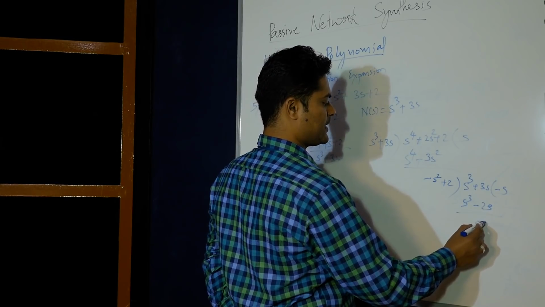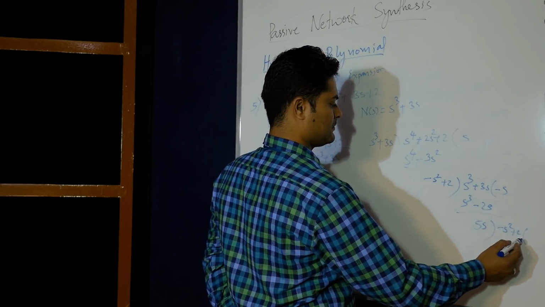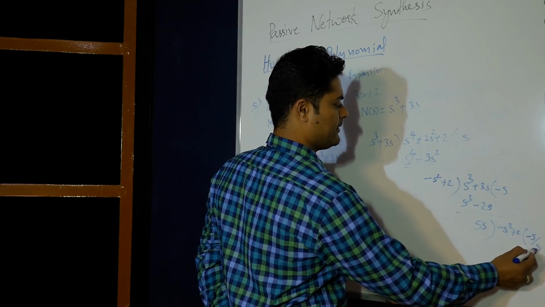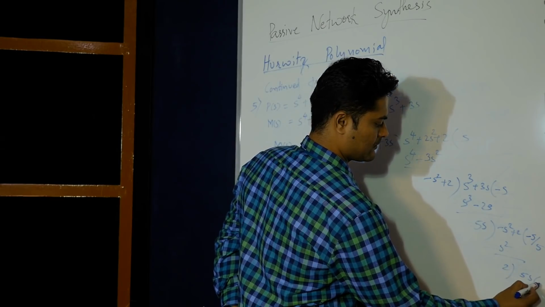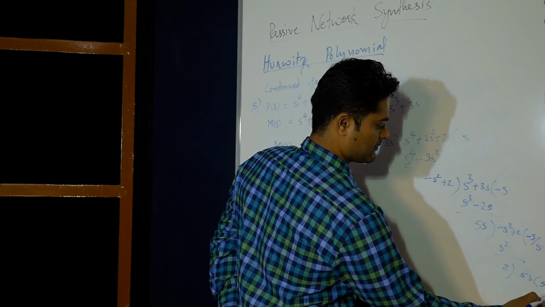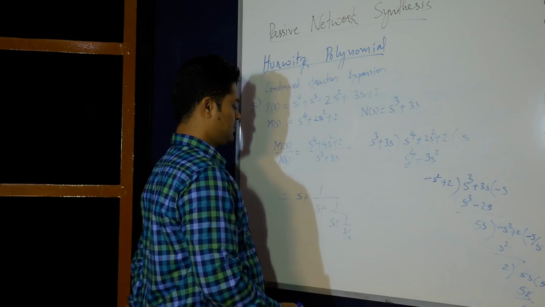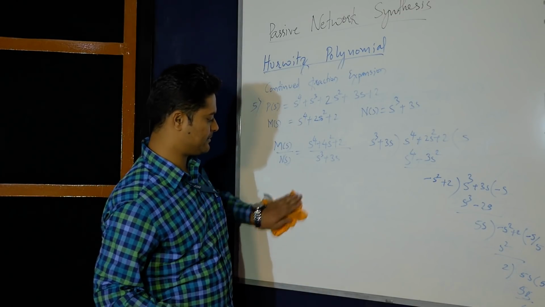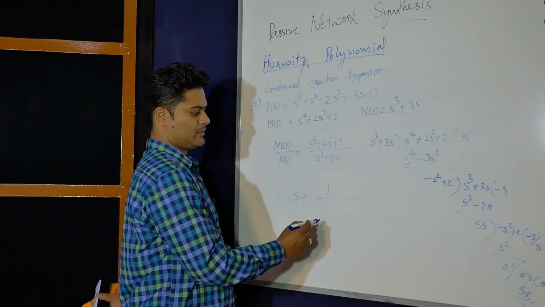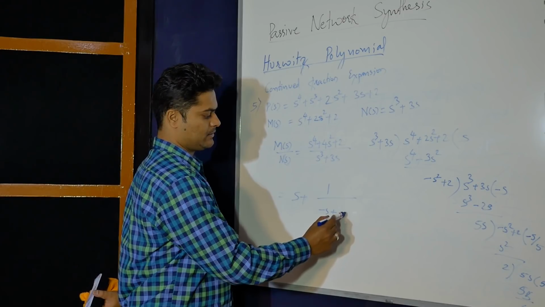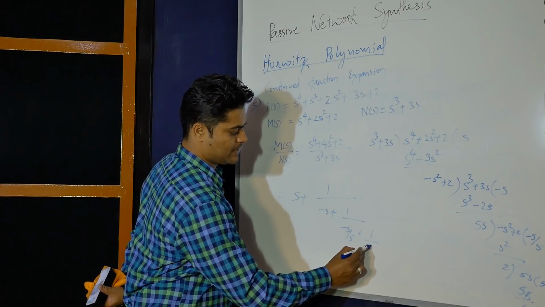We'll end up with 5s, minus s by 5. So we have the continued fraction expansion as the first term s, the second term minus s, the third term minus s by 5, the fourth term 5s by 2.